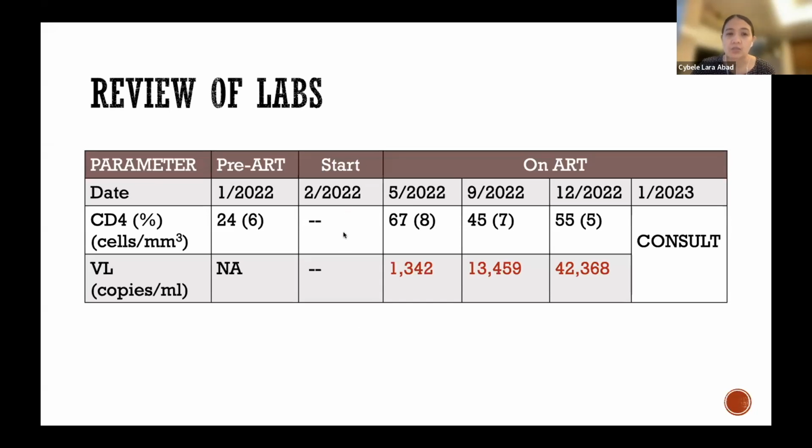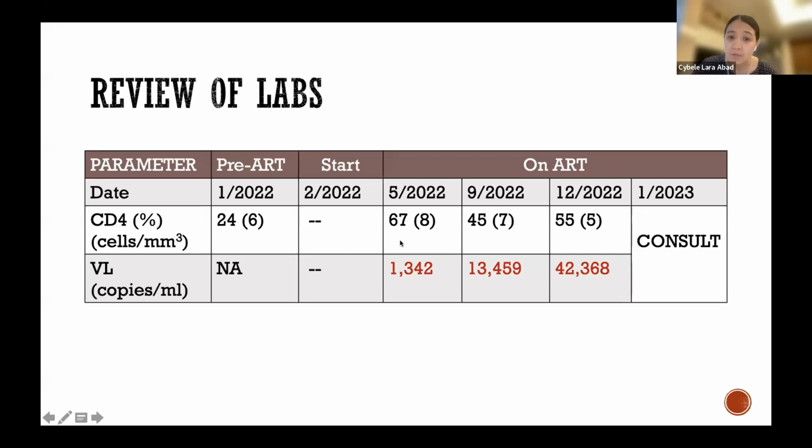So he started his regimen in February, and we were already able to check a viral load in May, which is 3 months after starting medications, and it's a little bit above 1,000. But by September, it went up to 13,000, and by December, it was up to 42,000. And by January of this year, he consults.